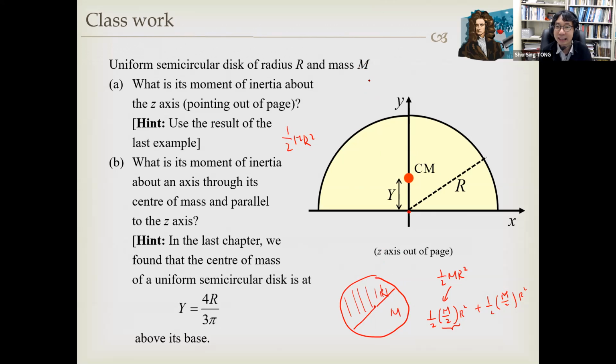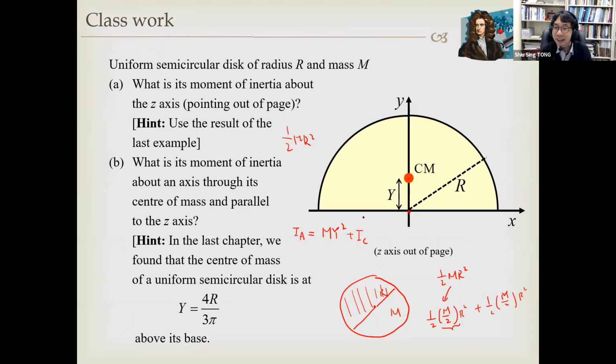Do you get this? Now the second question is about the moment of inertia about an axis that passes through the center of mass. In that case, we have to apply the so-called parallel axis theorem. To find I_C, we need to apply the parallel axis theorem.